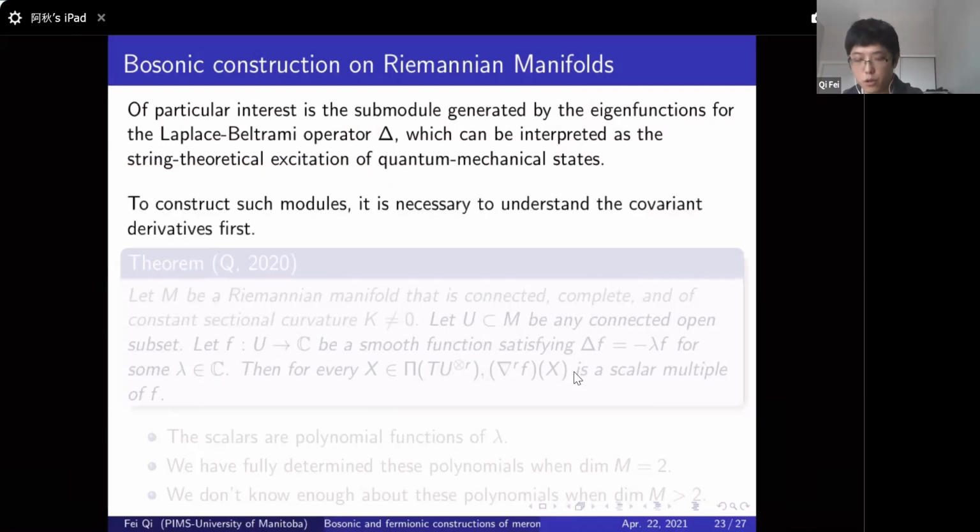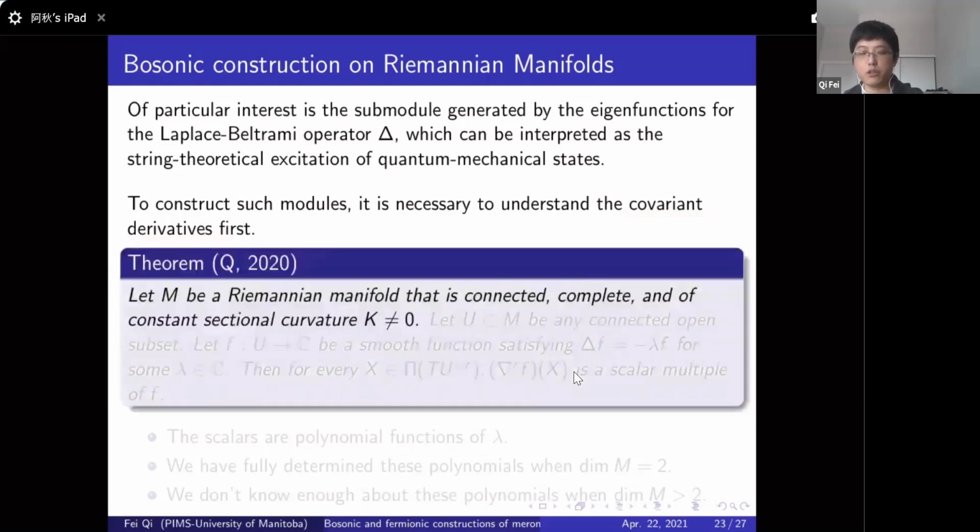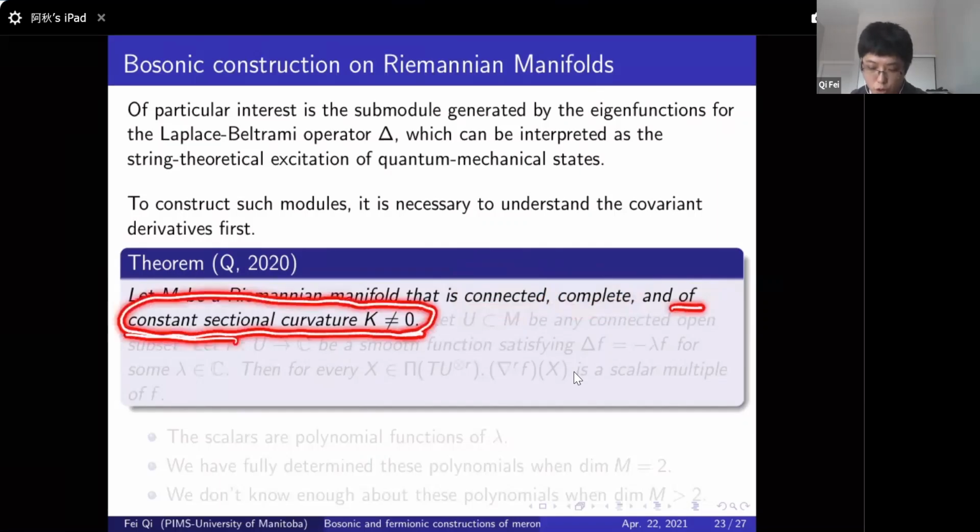So in order to construct such modules, it's necessary to understand the covariant derivative first. And here is the result. When I found this result, it was a very big surprise for me. I will restrict our attention to Riemannian manifolds. We require it to be connected, we require it to be complete, and we require the Riemannian manifold to have constant sectional curvature.